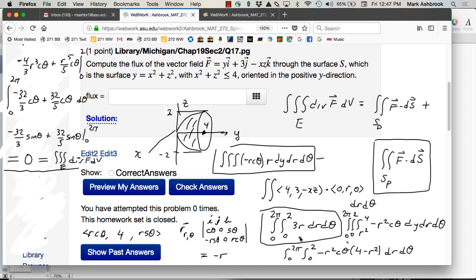Oh, that looks easy. So 3r squared over 2 from 0 to 2 is 6? 12 pi? And do we get positive 12 pi? But then we'd be subtracting 12 pi. Let's see if that makes sense.